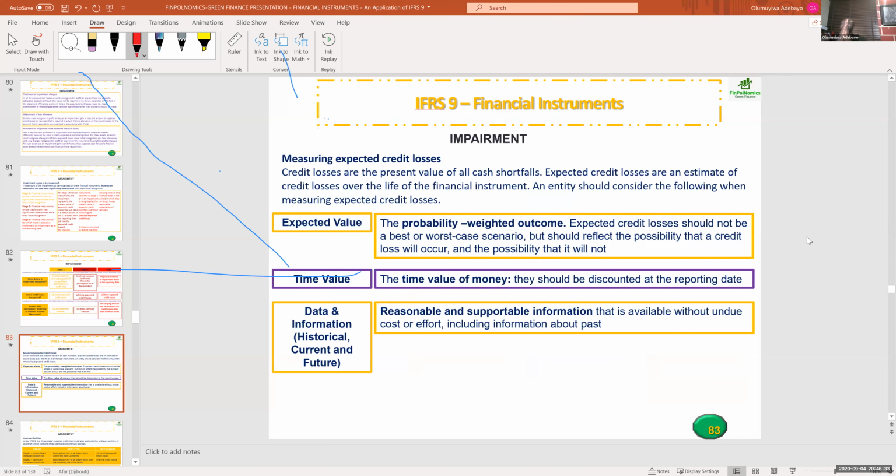Now, what are the parameters we adopt in carrying out impairment assessment? Now, in carrying out impairment assessment, let me share the whiteboard with you guys.